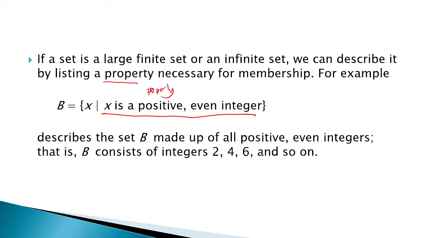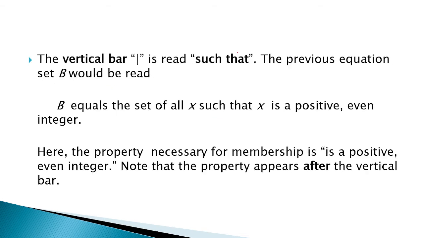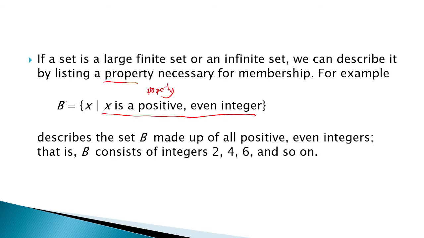Ang ibig sabihin nito, class, your set B is the set of all positive even numbers. Ano yung laman ng set na yan? That's 2, 4, 6, 8, 10, etc. up to positive infinity. Basta ang ating condition, it should be an even and a positive number. Now, how do we read this? Paano natin siya binabasa?